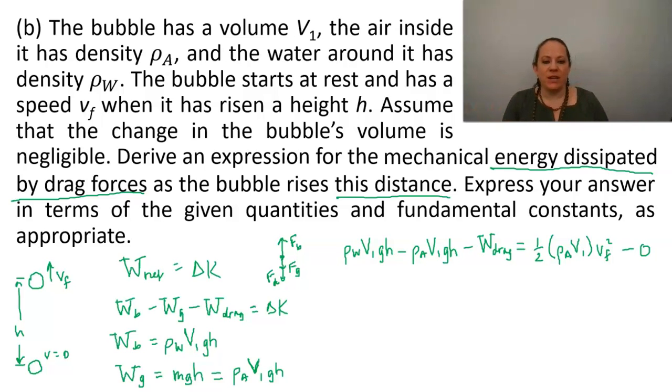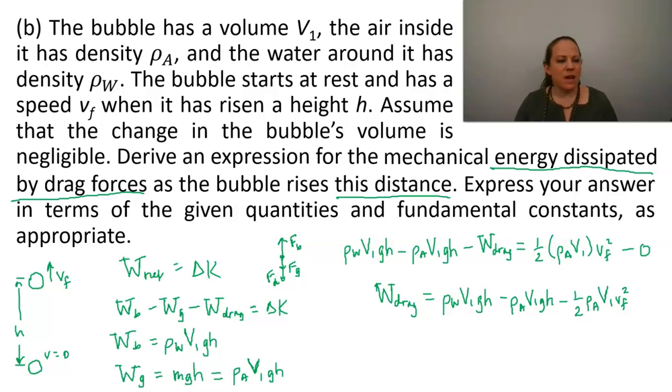So now we just need to rearrange for the work done by the drag force, and that will be equal to rho W V1 g h minus rho A V1 g h minus 1/2 rho A V1 v final squared, should be volume 1 times v final squared.